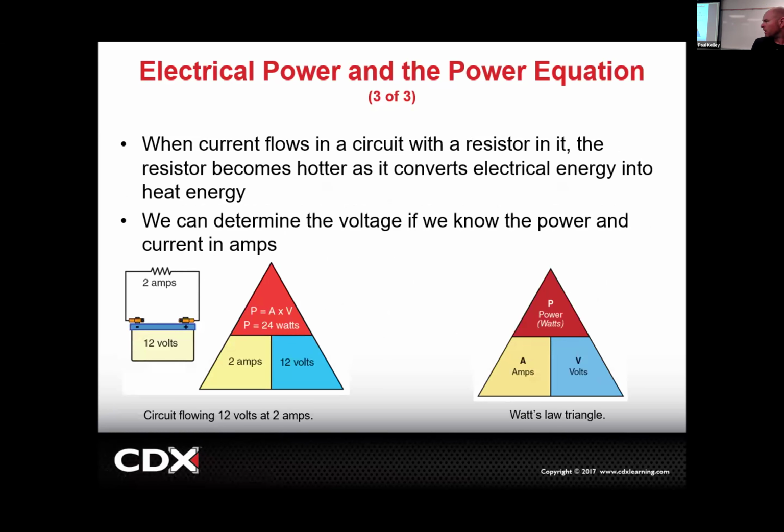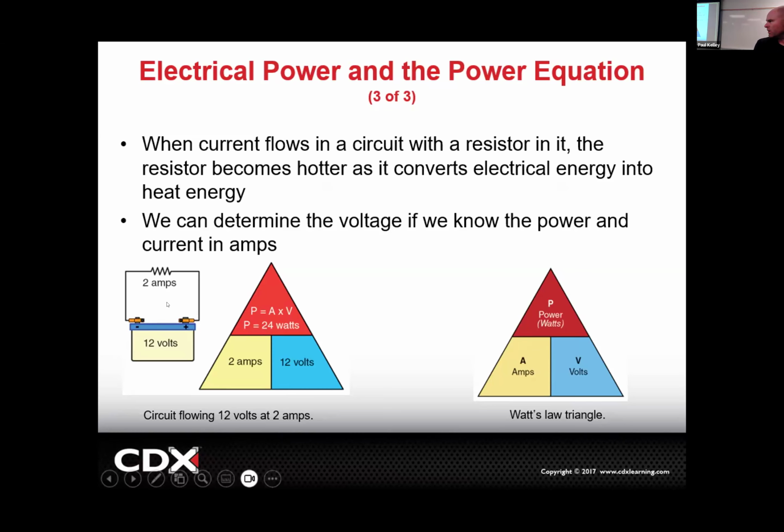So if we have a 12 volt battery and it's moving 2 amps through a circuit, that can tell us how much power, how much work is being performed. All right, and here's how. This is the formula, P, A, and V. What do we know?